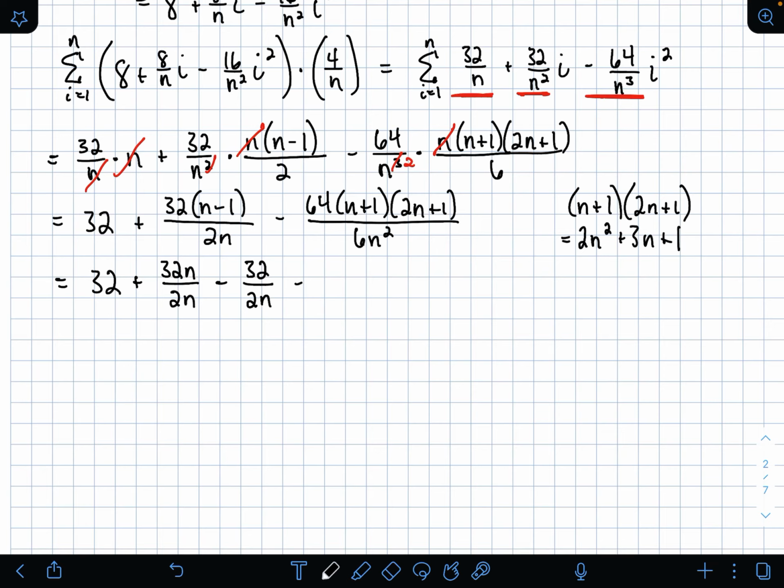So we have a negative 64 to distribute into that, and that gives us negative 128 n squared over 6n squared minus 192 n over 6n squared minus 64 over 6n squared.